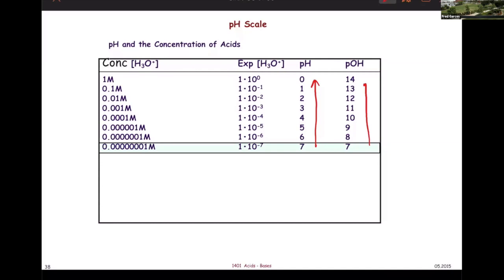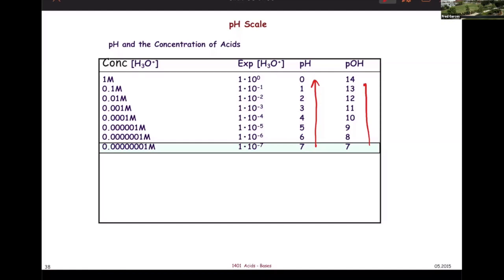Okay, so please remember that, because you always get mixed up, especially when there's an exam question. When the pH gets smaller, you have a more acidic solution. It means that you have more hydronium.